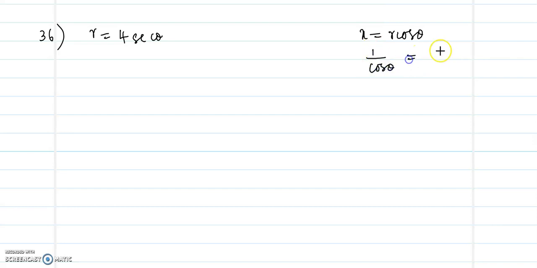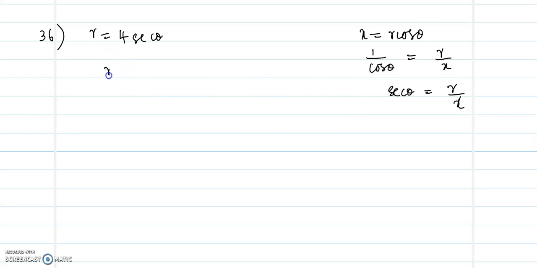And next one, question number 36. Convert the equation r equal to 4 sec theta from polar coordinates to rectangular coordinates. Again we have x equal to r cos theta, so sec theta will be equal to r/x.